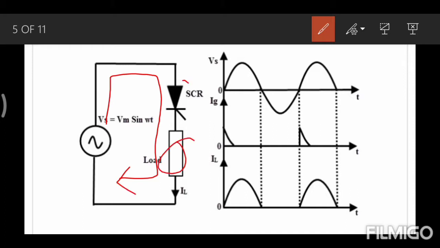This is the load, this is the SCR, this is the supply voltage waveform, this is the gate pulse, and this is the load current. When this voltage waveform is observed, the load current follows the same path.